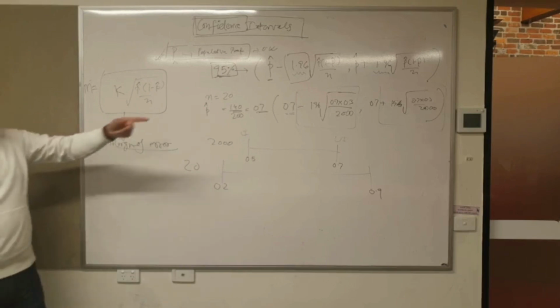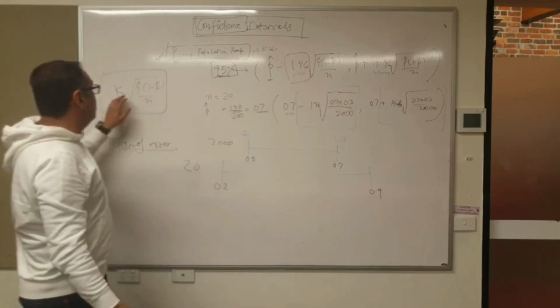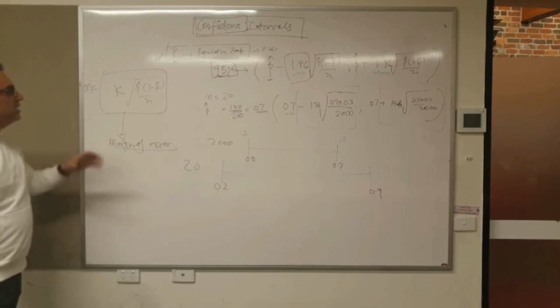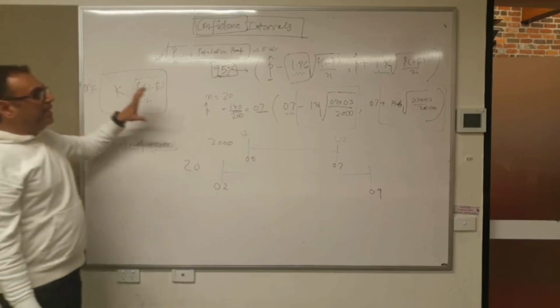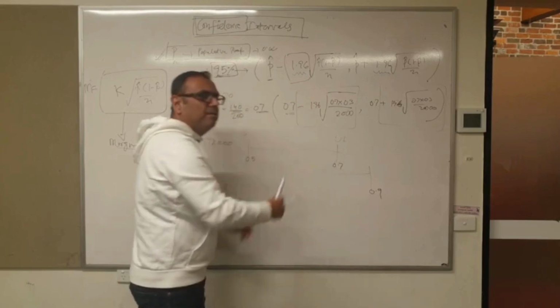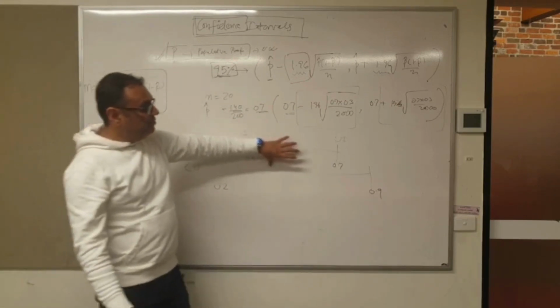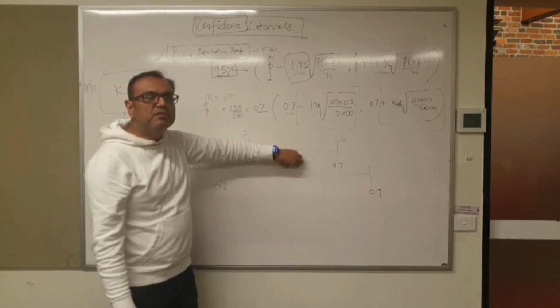For 80%, I think, Chris, you calculated a number, right? For 95%, this k is 1.96, and so on and so forth. So this is the margin of error, and the more your sample size, the more narrow this interval is. You get better results.